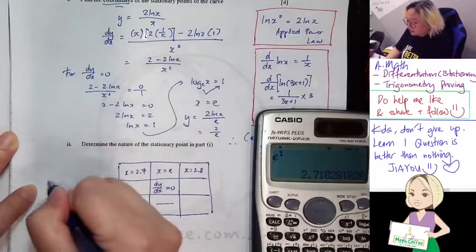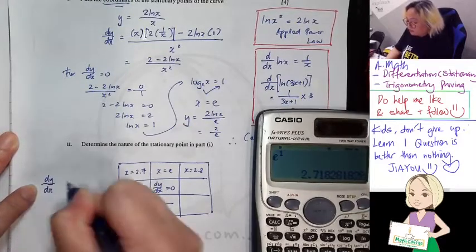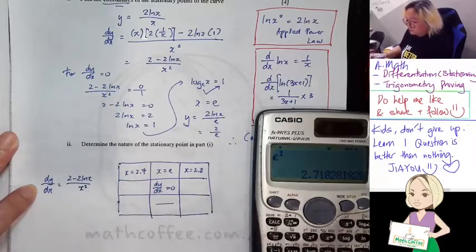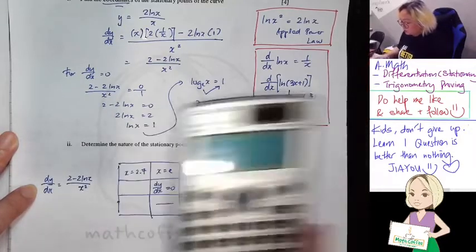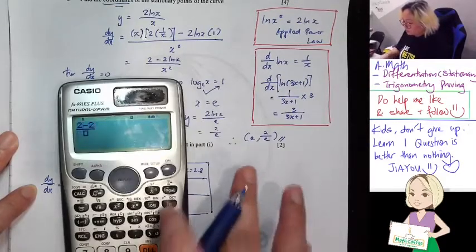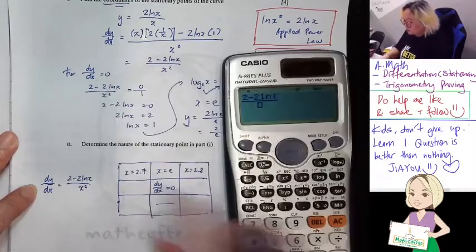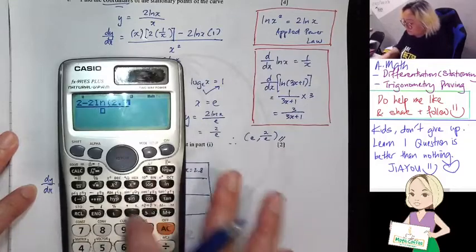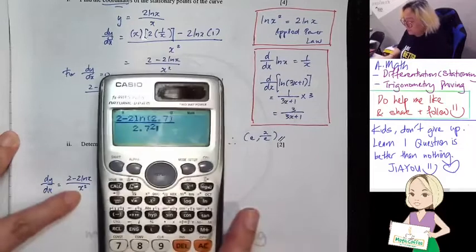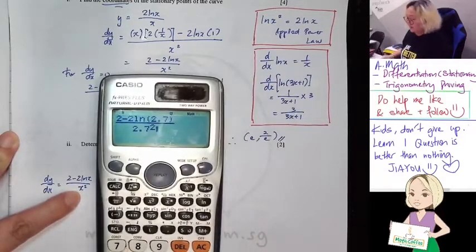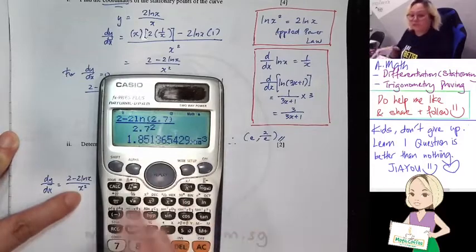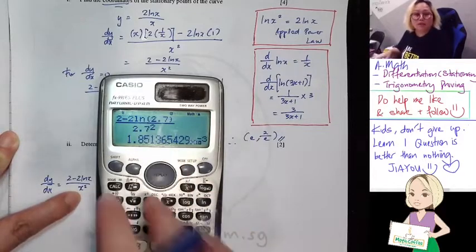So my dy/dx, for easy reference, I'm going to write here again. So let's do it. You see, it's the fraction (2 minus 2 ln x) over x squared. My x now is 2.7, so sub into dy/dx and I press equal. This is a positive value. I don't need to write the exact dy/dx, I only need to know whether it is positive or negative.